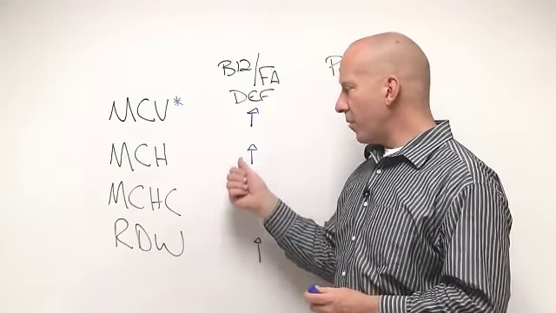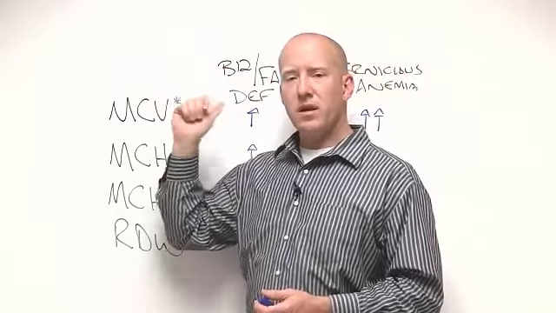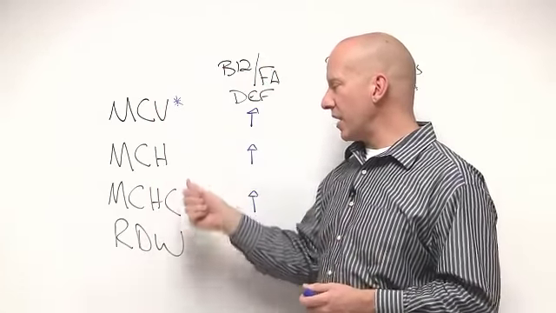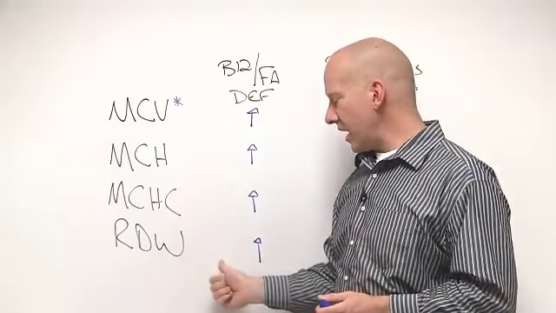So if you see somebody that has low red blood cell, hemoglobin and hematocrit, as well as an elevated MCV and ideally MCH, MCHC, and RDW, as well as possibly having low serum B12, low folic acid, as well as high homocysteine, then what you're likely looking at is a combination of either a B12 and or folic acid deficiency.